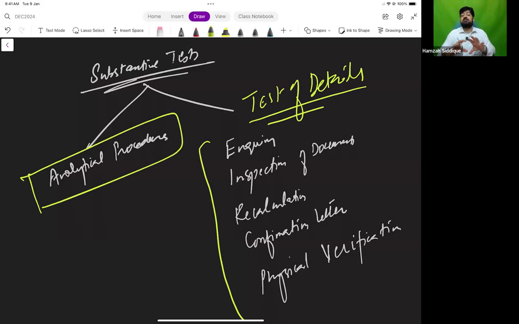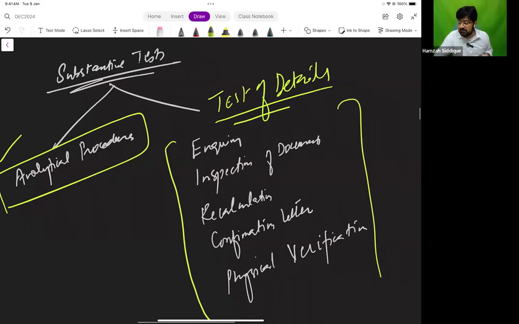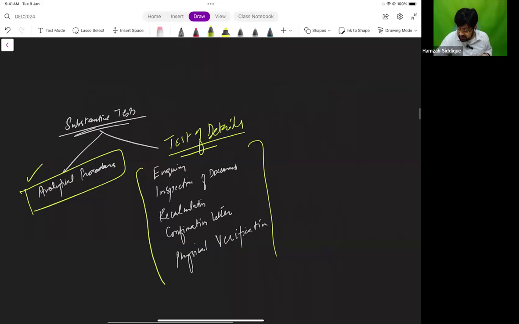But we can say substantive tests are of two types. One is called analytical procedures, the other is called tests of details, for testing the details. So how is a substantive test written? These are all ways. We must identify the source.